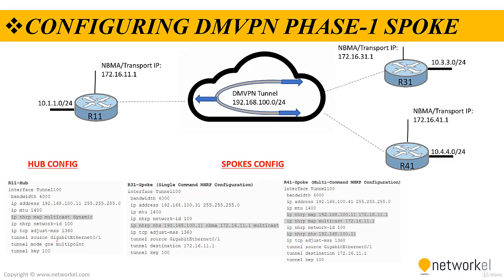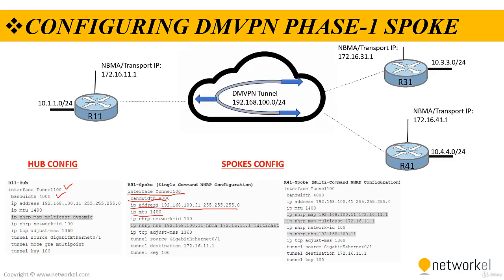And the second difference on the spokes is the NHRP mapping points to at least one active NHS. So we can check the spoke configuration also in here. Interface tunnel 100, that's the same as the hub, and we are setting the same bandwidth. The IP address is surely changing.